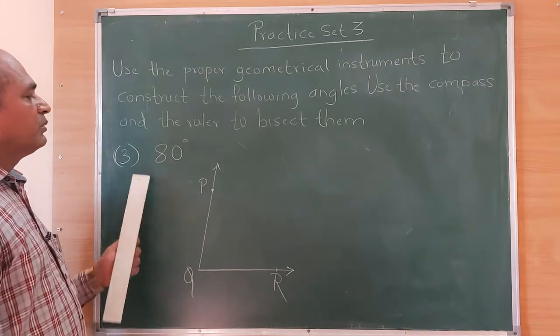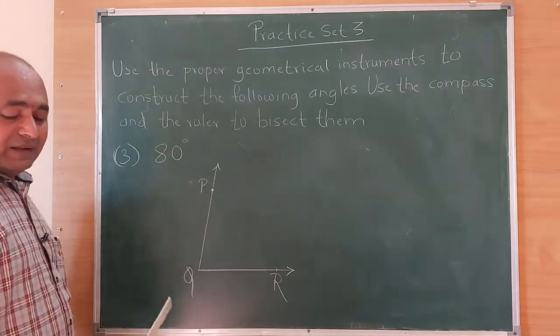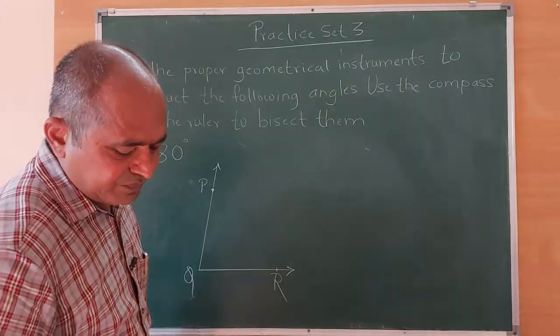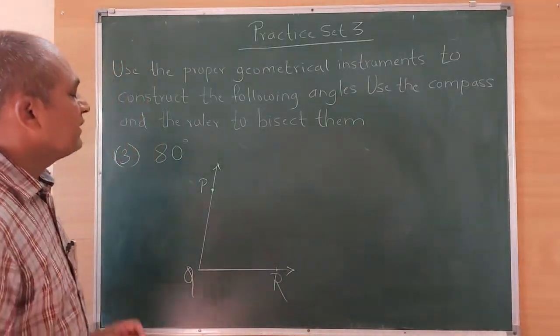Now what we have to do? We have to take a compass, and with the help of a compass and a ruler we have to draw an angle bisector.